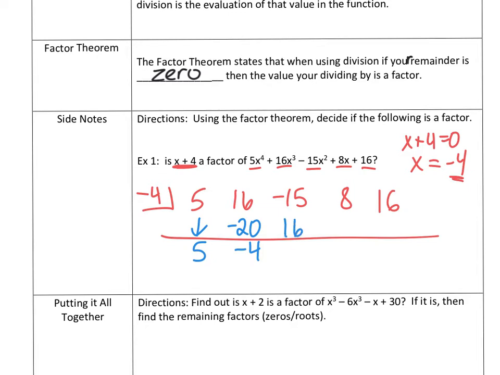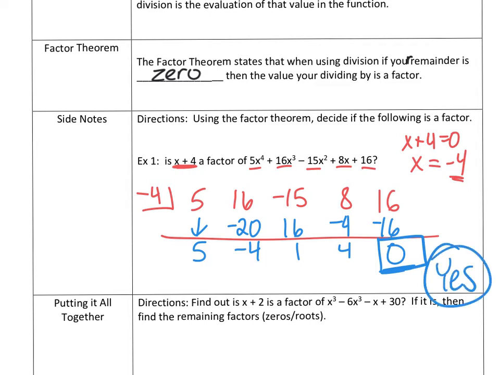Negative 15 plus 16 is 1. 1 times negative 4 is negative 4. 8 minus 4 is 4. 4 times negative 4 is negative 16. And 16 minus 16 is 0. Do we see how our last term, our remainder here, is a 0? So yes, this is a factor. x plus 4 is a factor of this polynomial.